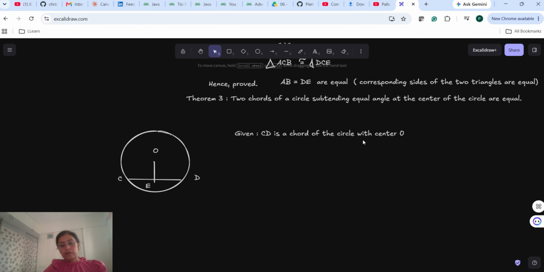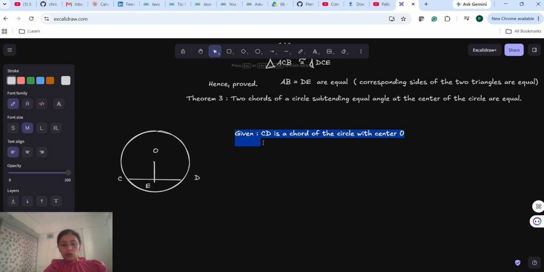So CD is a chord of the circle with center O. What else is given to me? E is the midpoint of the chord CD. What does that mean? We'll see what that means.